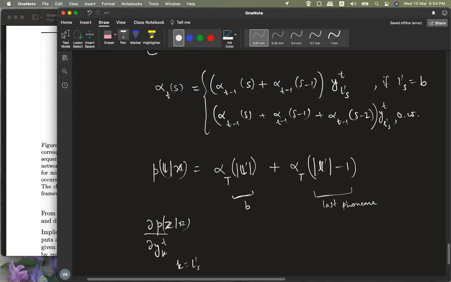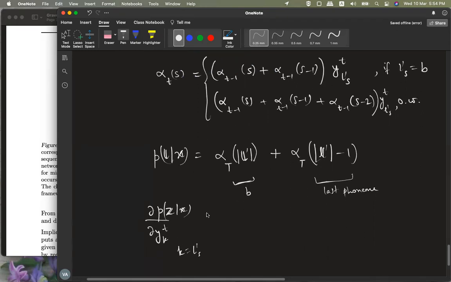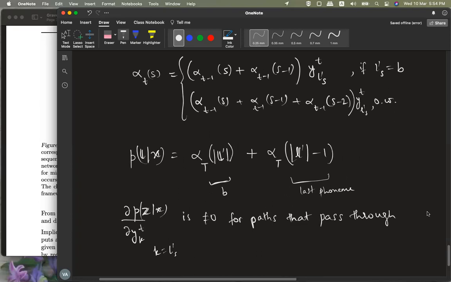This derivative is not equal to 0 for paths that go through or pass through the s comma t node.